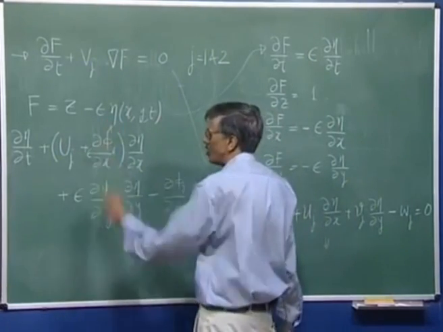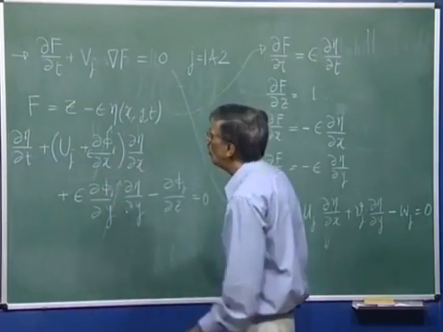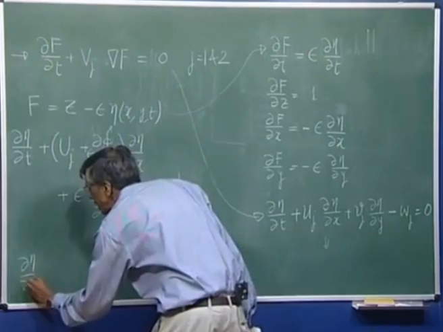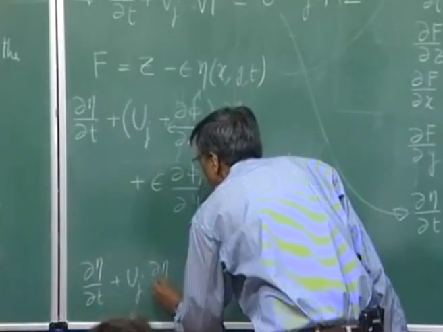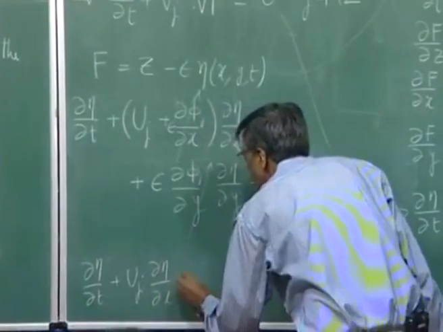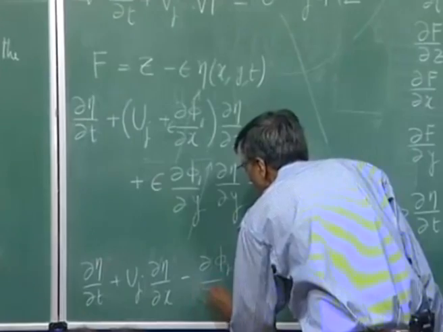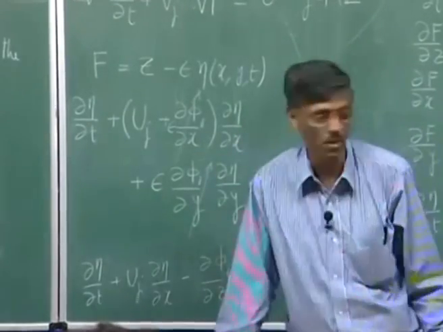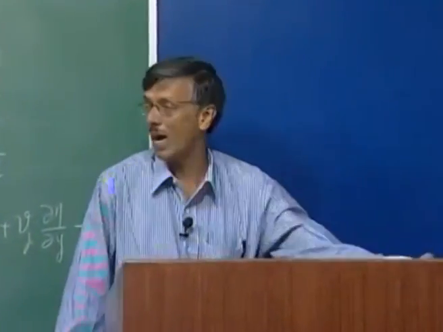This is the order epsilon lower order quantity. So, what I get is del eta del t plus u j del eta del x minus del phi j del z equal to 0. And that is what you see over there on the blackboard. That is what we have written down there.